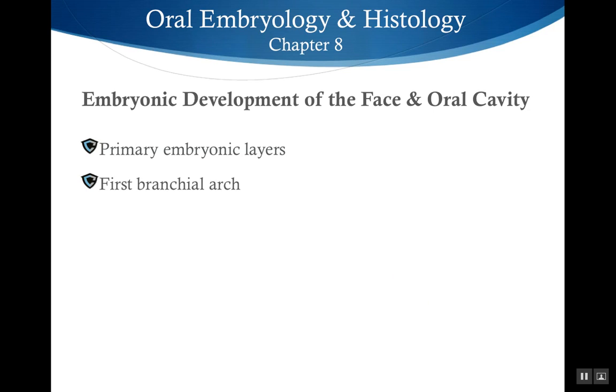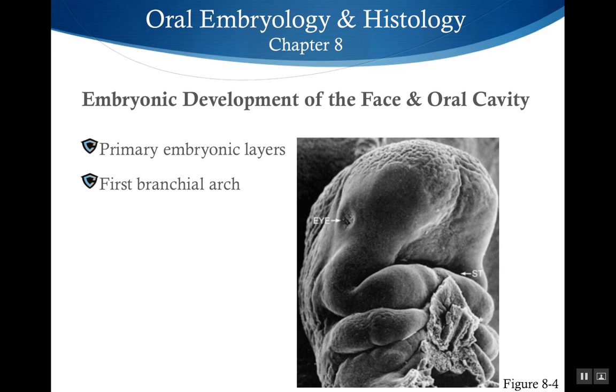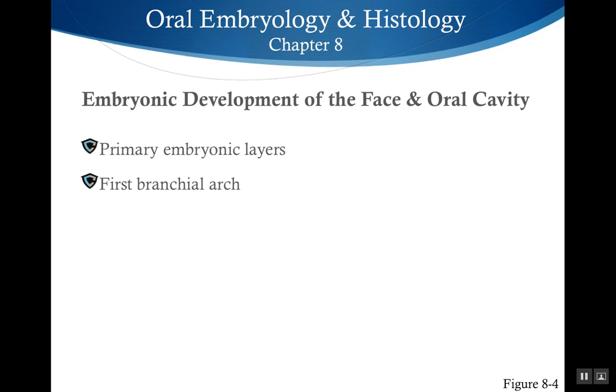All right, so the first branchial arch, also known as the mandibular arch, forms the bones, the muscles, and the nerves of the face, forms the lower lip, the muscles of mastication, and the anterior portion of the alveolar process of the mandible. Now, the alveolar process, again, is what describes that bone that contains the teeth. Okay, and so here's a picture of the first branchial arch.